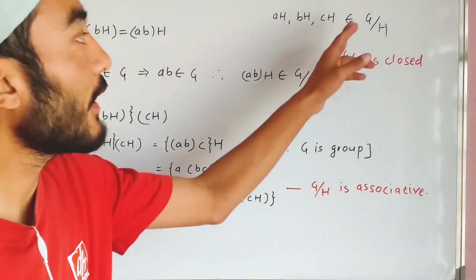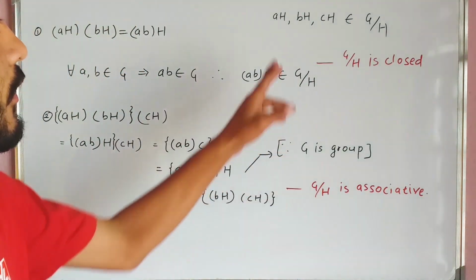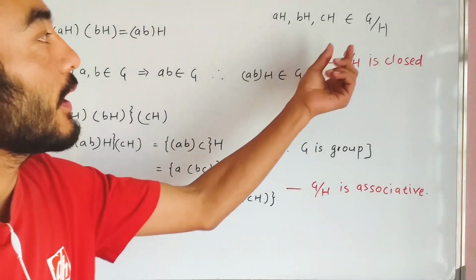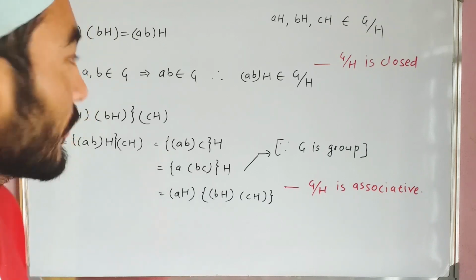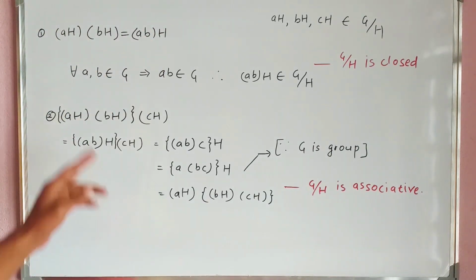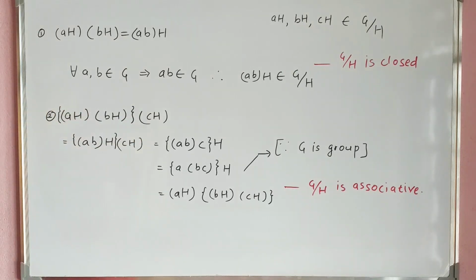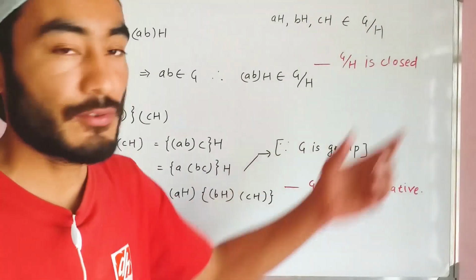Next we show G/H satisfies the 4 axioms of a group. For that, suppose aH, bH and cH are any elements of G/H. Now from the coset operation we have aH times bH = abH, and for any a, b in G we have ab belongs to G. Therefore abH belongs to G/H and G/H is closed.